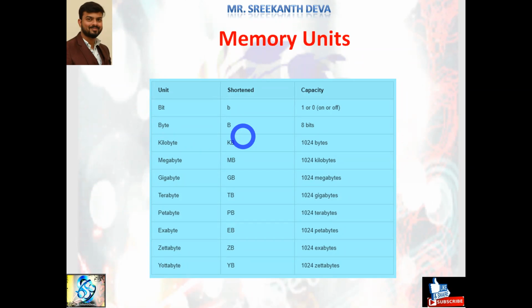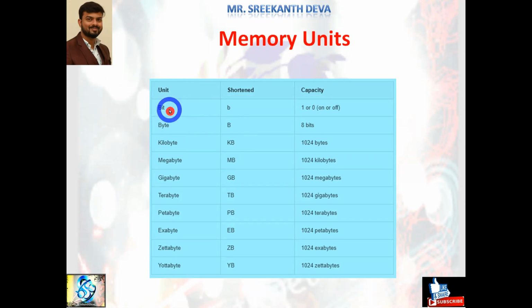In previous videos I explained in detail how to calculate bits: 2 to the power of x equals y, like 2 to the power of 0, 2 to the power of 1, 2 to the power of 2, 2 to the power of 3, meaning 0 bit, 1 bit, 2 bit, 3 bit, 4 bit. I explained 10-bit memory representations, and we can calculate 16 bit, 32 bit, and 64 bit, different types of memory representation. But remember, a bit is the smallest memory unit used for information storage in a computer.